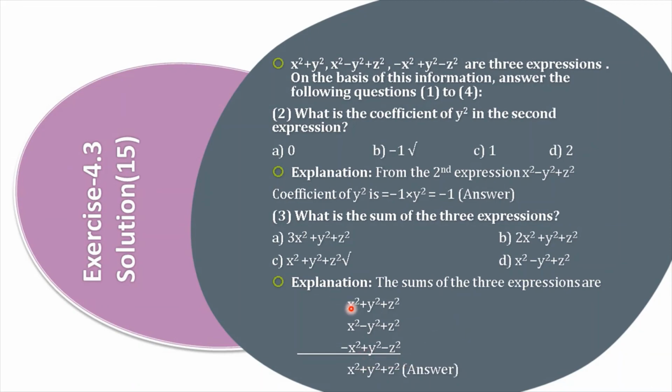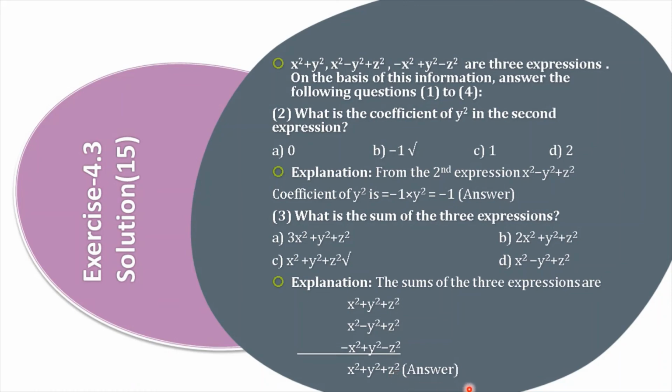Because plus x square plus x square gives 2x square, and from 2x square if we subtract x square, that would be minus x square. Plus y square minus y square, we can omit this, so plus y square will be the remaining. Plus z square minus z square, we can omit this, so plus z square will be the remaining.